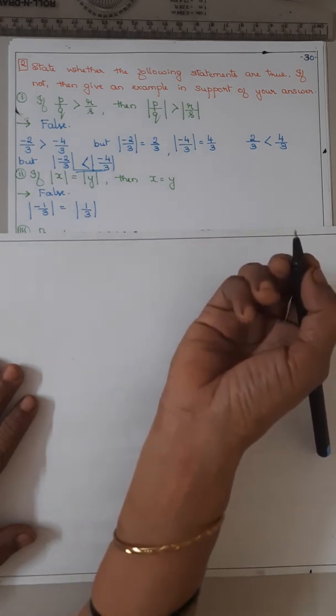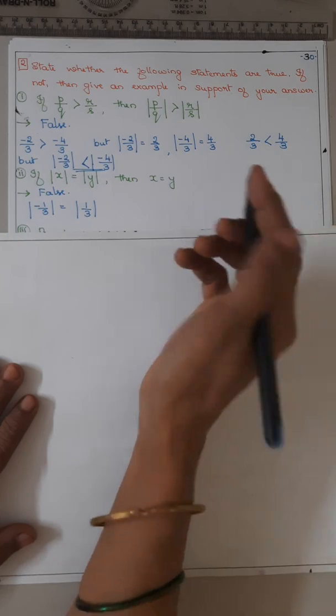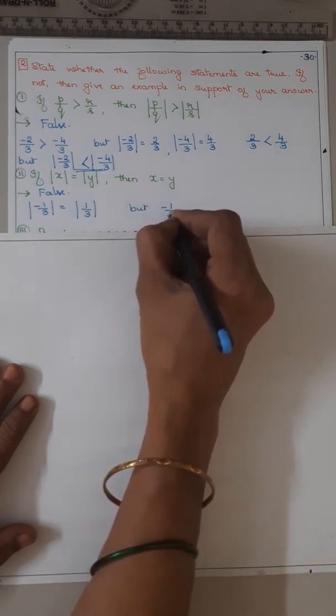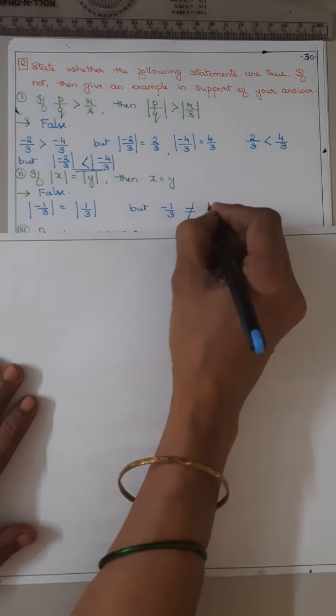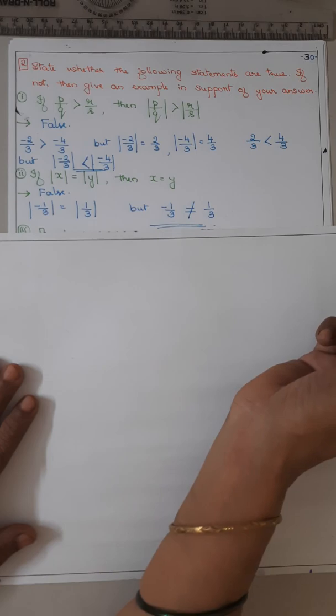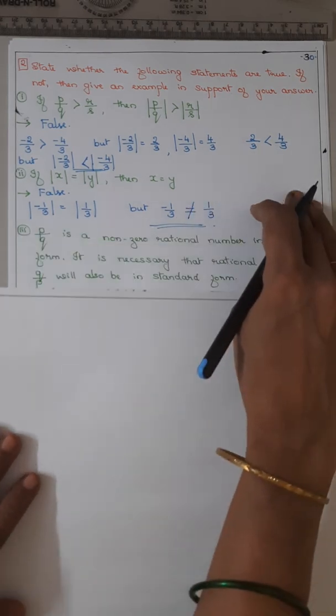Whether it is positive or negative, the absolute value will be 1 by 3. But minus 1 by 3 is not equal to 1 by 3. As such, the rational numbers are not equal, isn't it?